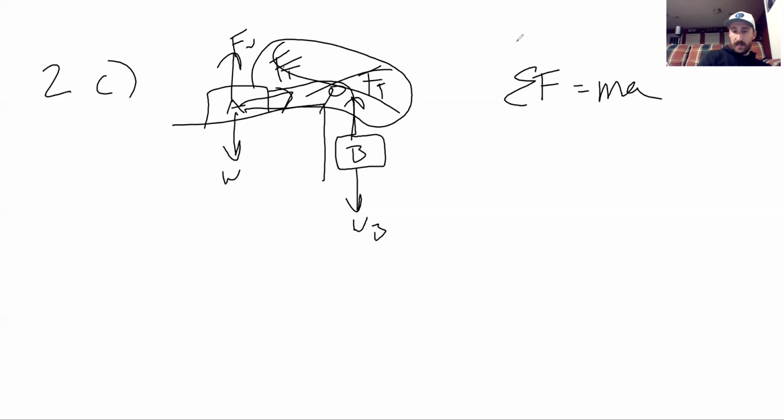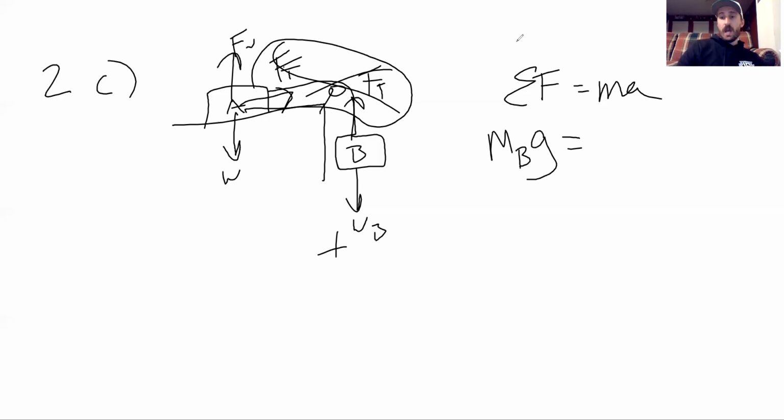So what I have to look at is down here, this block's moving up and down. The only force in the direction of the acceleration is going to be the weight of block B. So I'm going to set this as positive because the blocks are going to accelerate that way, so my acceleration will also be positive. I go mass B times gravity, which is weight, equals the total mass of the system, so mass A plus mass B times acceleration.